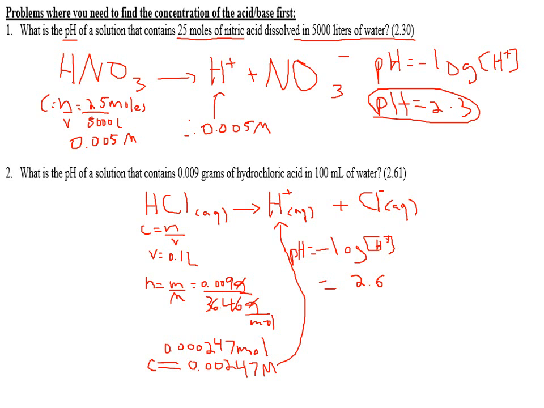And it is less acidic than the previous solution, which would make sense because our concentration over here was 0.005. Our concentration over here is 0.002 for the hydrogen ions. So it's a lower concentration of hydrogen ions, which means it is a little less acidic than our previous solution.